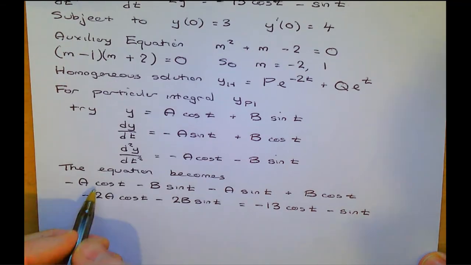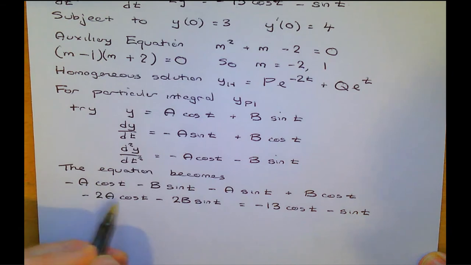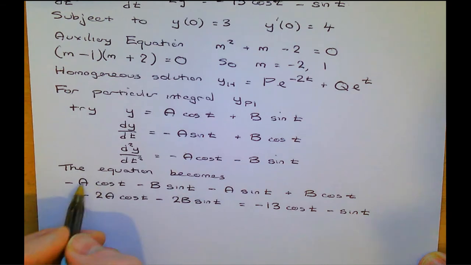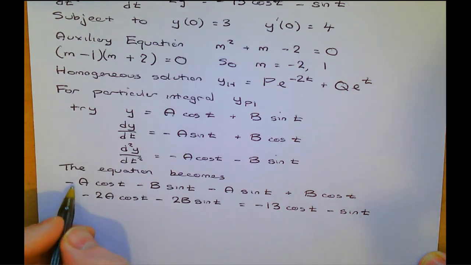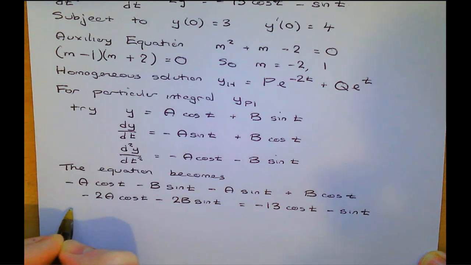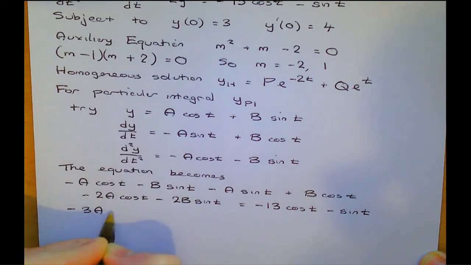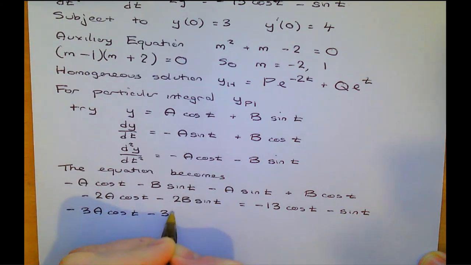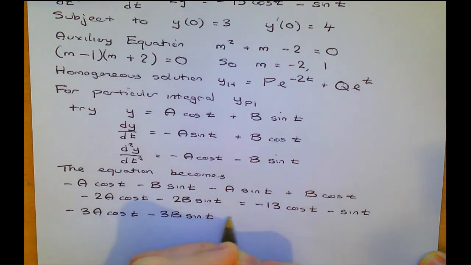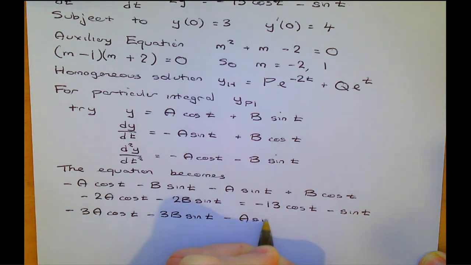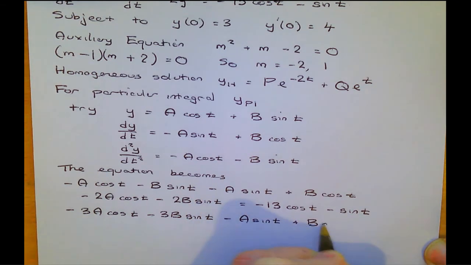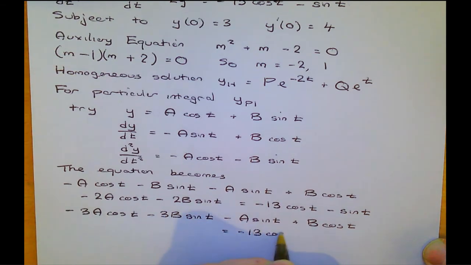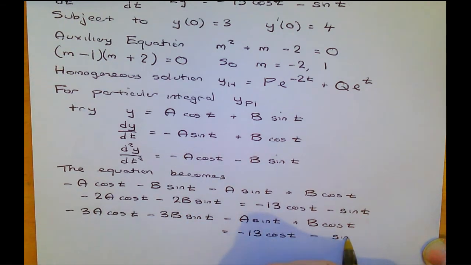And of course we see we get a little bit of reinforcing of the terms in a cos t and b sine t. So we can actually write that minus 3a cos t minus 3b sine t minus a sine t plus b cos t, that is equal to minus 13 cos t minus sine t.